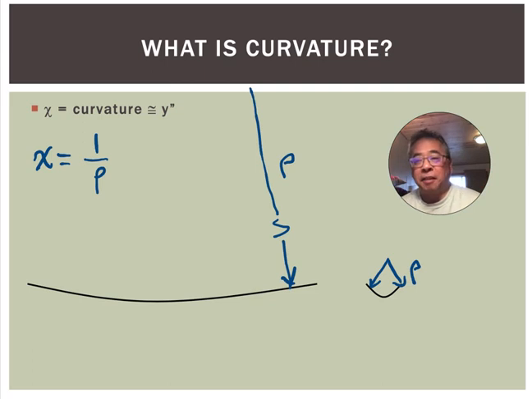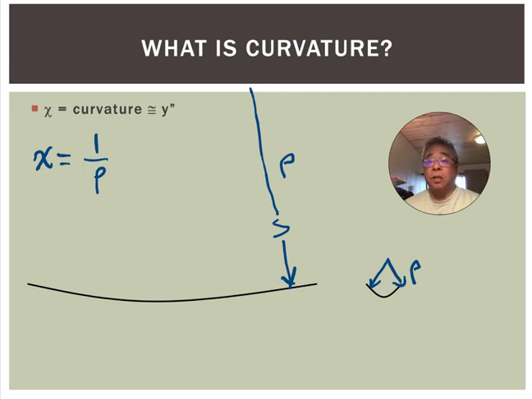That radius is off the top of the slide. Anyway, 1 over the radius is the curvature. The one on the right has a smaller radius, it's more curved. The one on the left is flatter, it has a larger radius, it's less curved.